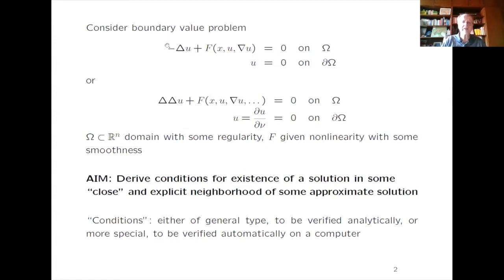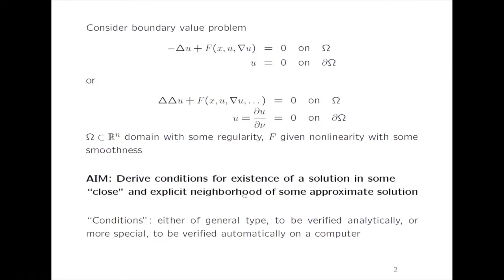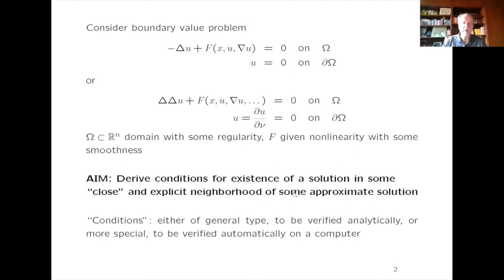Mainly I will be talking about the second order case, simply because the fourth order case is more or less analogous. So the aim, as always when we do computer-assisted proofs, is to derive conditions for existence of a solution in some close, which means small, and explicit neighborhood of some approximate solution. That's, I think, a common goal in all computer-assisted proof techniques.